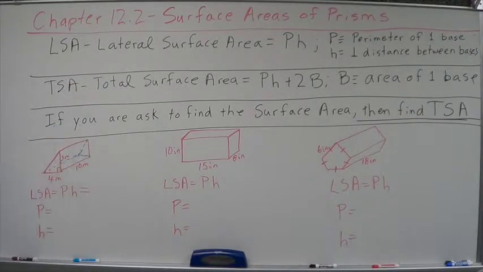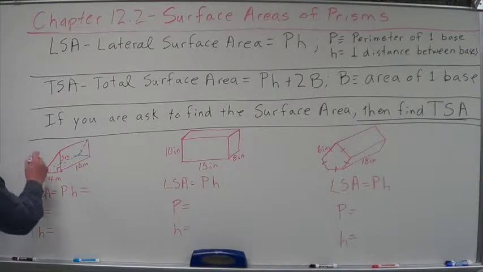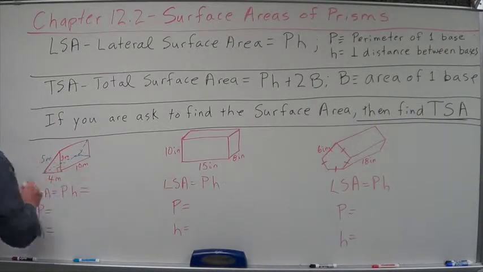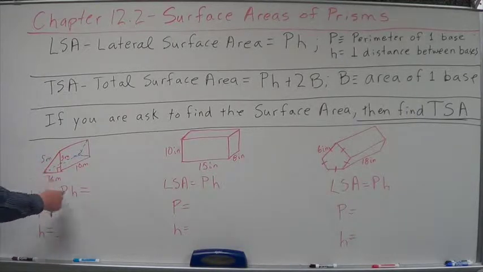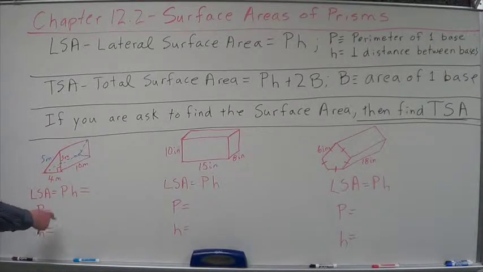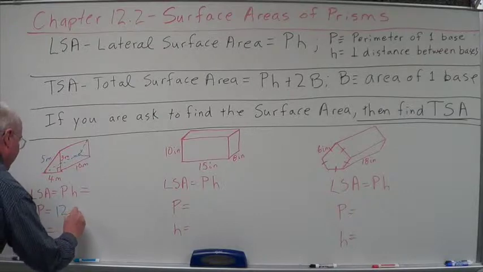What's the hypotenuse? You ought at this point to be able to recognize that that's a 3, 4, 5 triangle. So this right here is 5 meters. So that triangle has one leg 4, one leg 3, and the hypotenuse is 5. So what is our P? 3 plus 4 is 7, plus 5 is 12 meters.